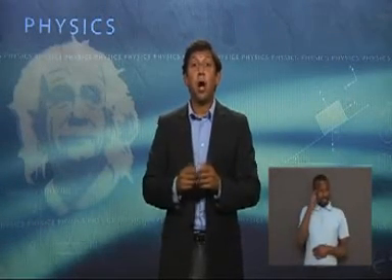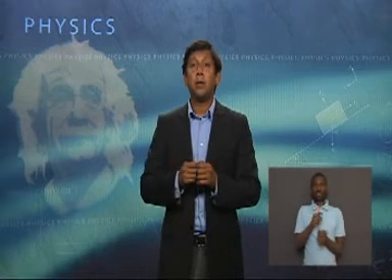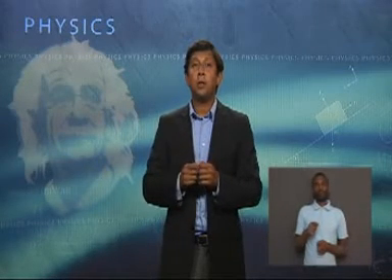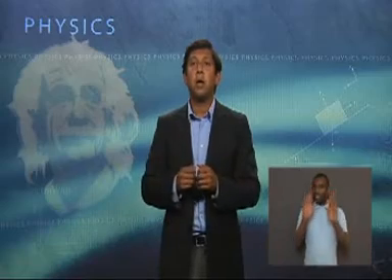Hello again, students. With a little thought, I am sure you came up with the correct answer. Every neutron that is emitted through the fission of uranium is capable of triggering another fission event.